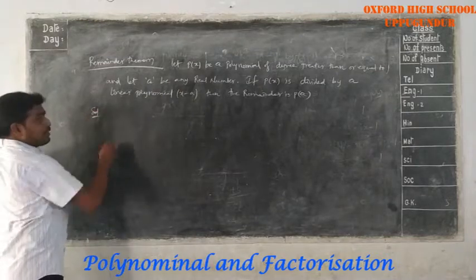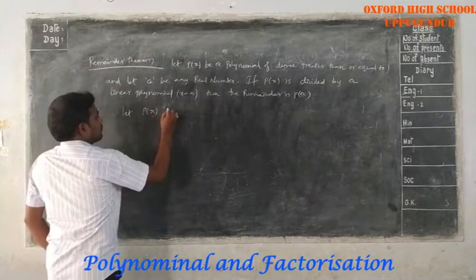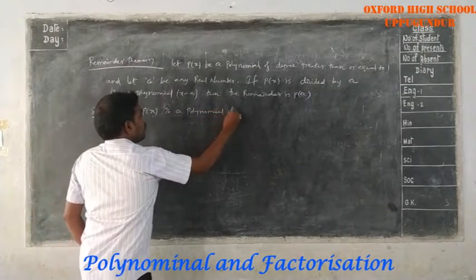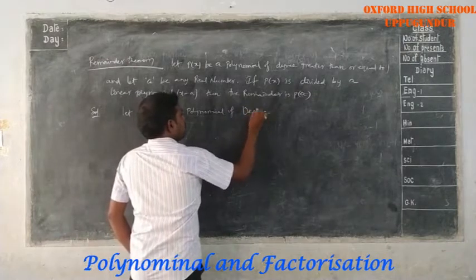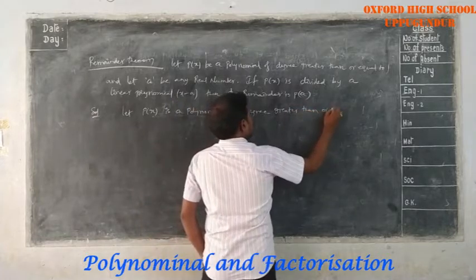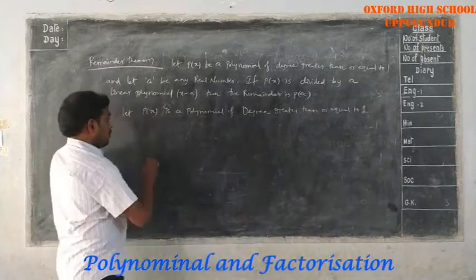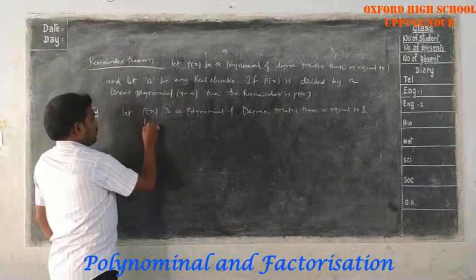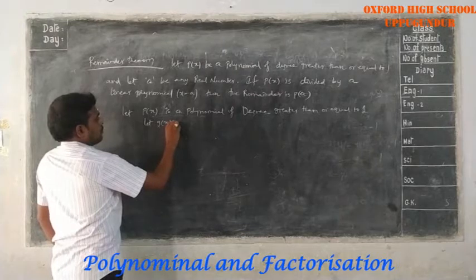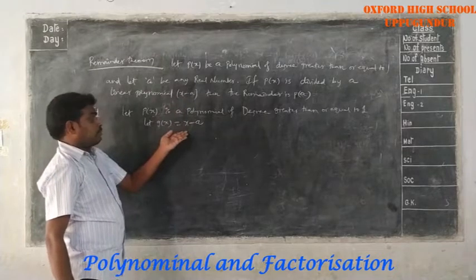So we are considering P of x. Let P of x be a polynomial of degree greater than or equal to 1. Let g of x equal x minus a. We are assuming this linear polynomial as x minus a.